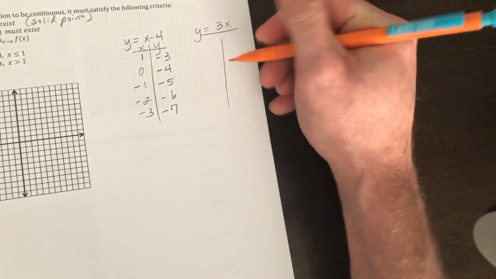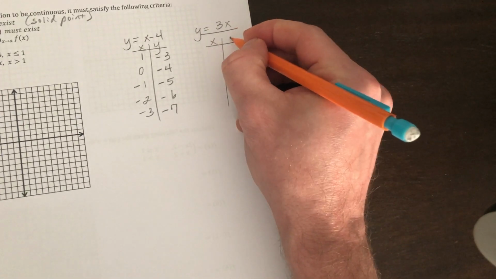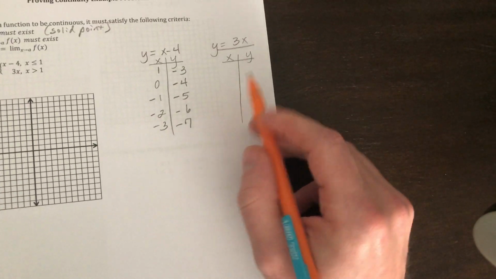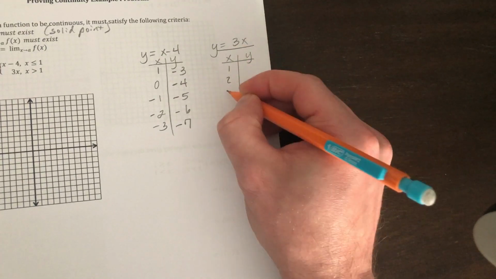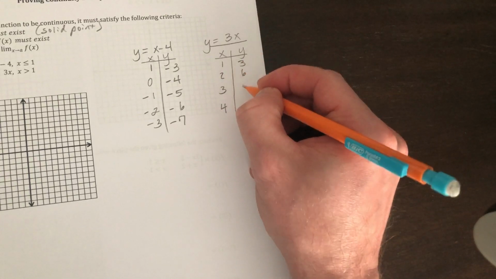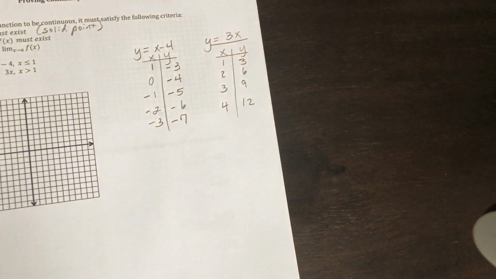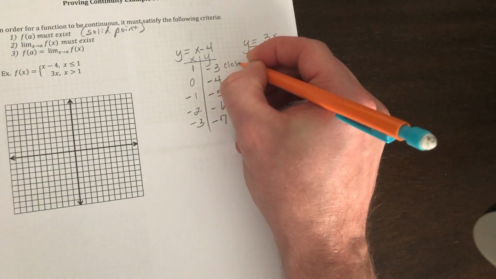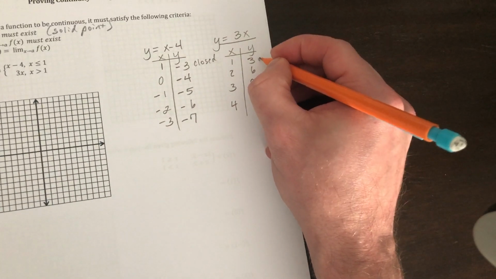And we're going to go for points greater than 1, so we're going to do 1, 2, 3, and 4. Okay, now this is going to be a closed point here, and this is going to be open.